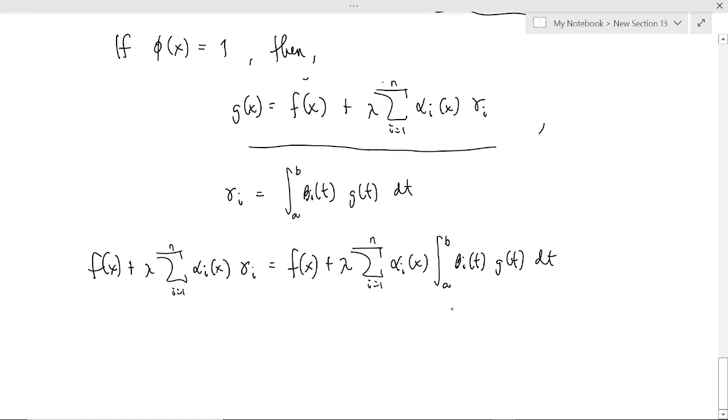But we can actually expand this one. So we can rewrite this one. Obviously, f of x will be cancelled out, and lambda is also cancelled.